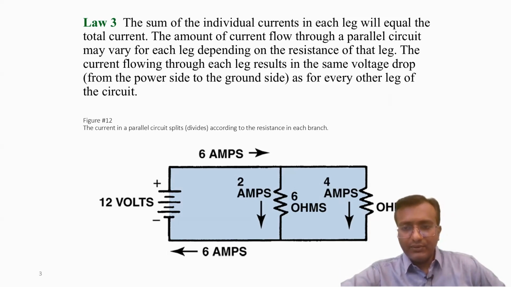More current will flow where the resistance is less. Here the resistance is around 3 ohms, so the current flowing here will be 4 amperes, double that of the other leg. If we sum up the current in each leg, it must be equal to the current from the battery.